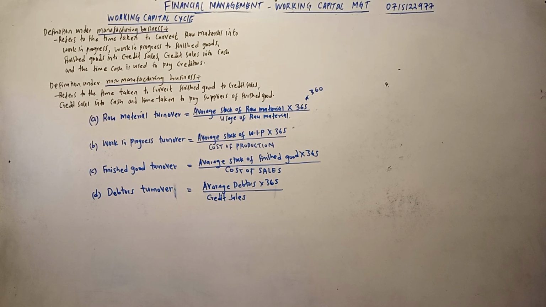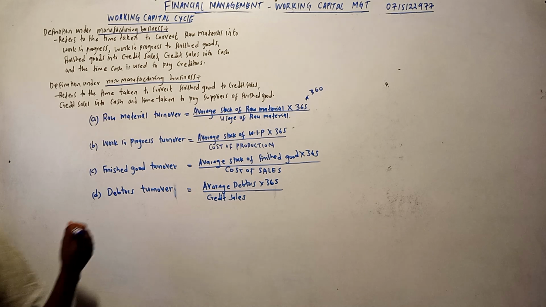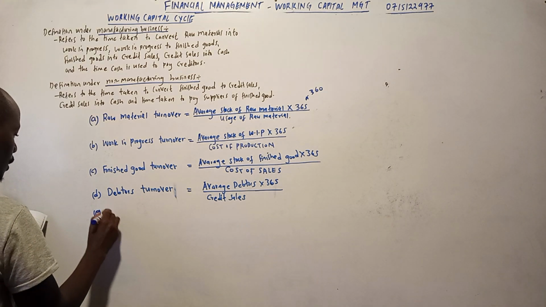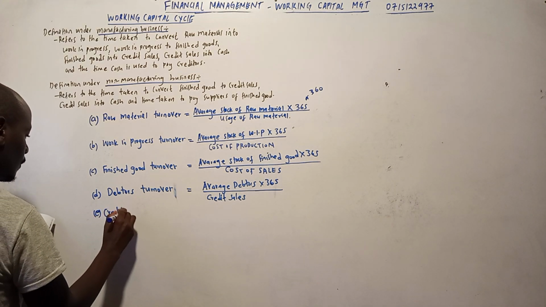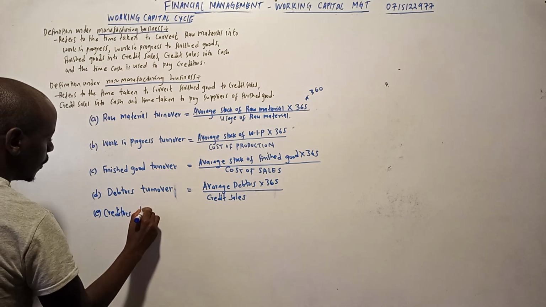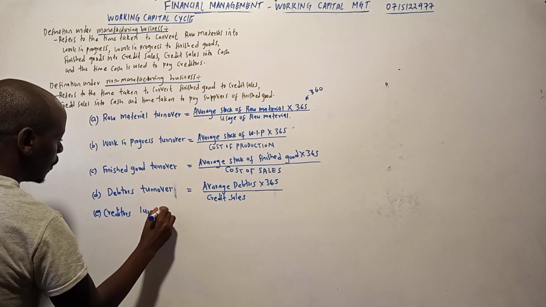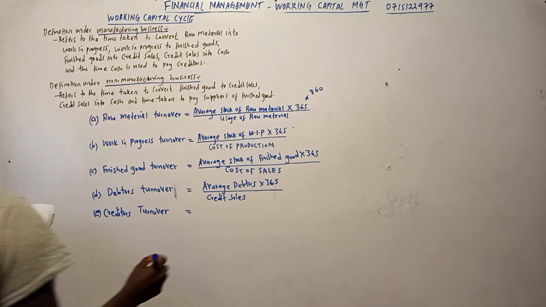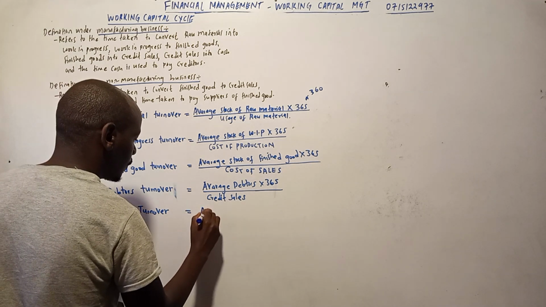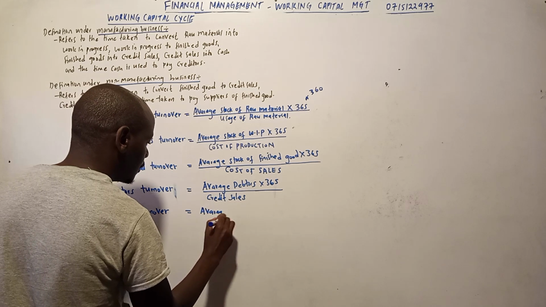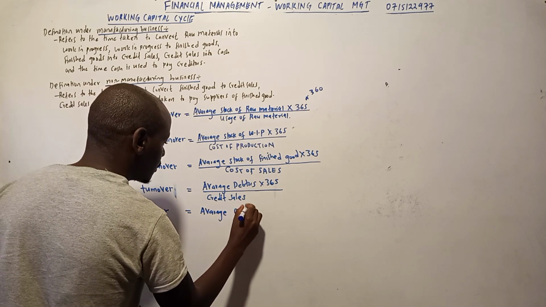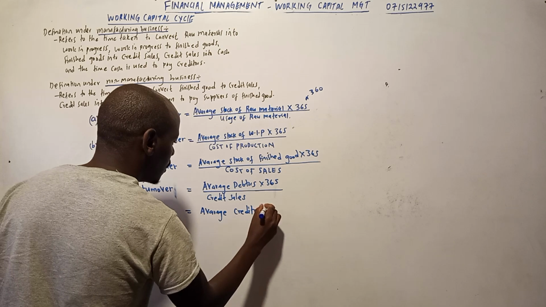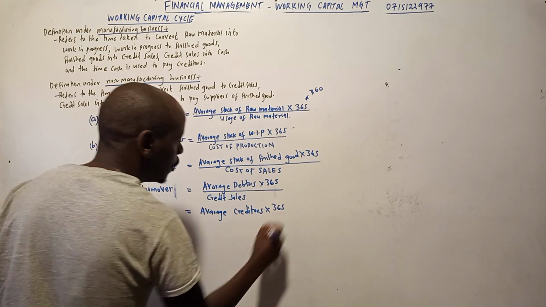And then we have E. We call it creditors turnover, which is the average creditors times 365 or 360.